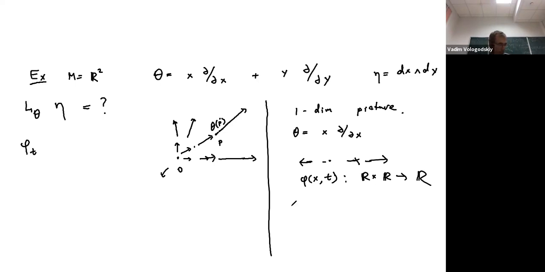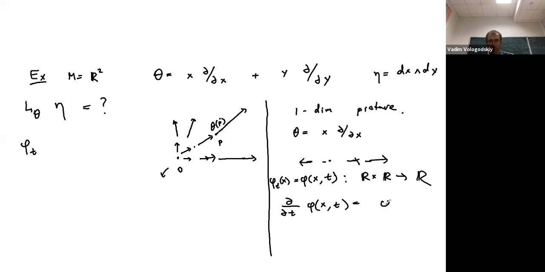And namely, the differential equation is the following, that d over dt of phi of x comma t is equal to the vector field at point phi of x comma t.